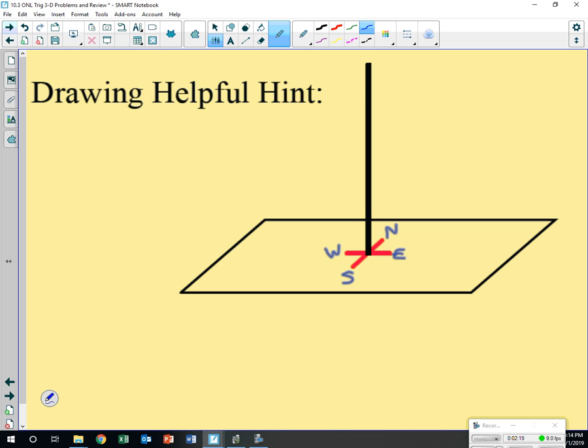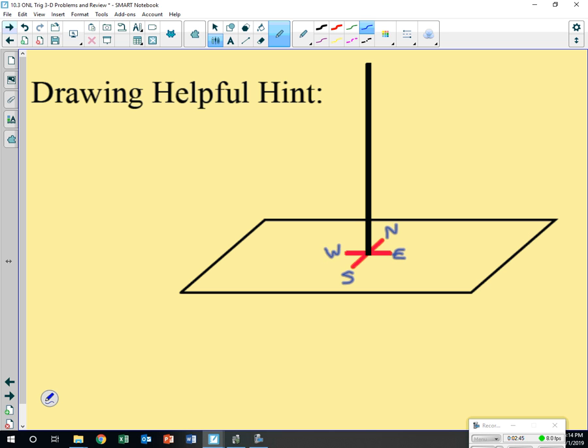Sometimes a problem, like the tower problems, will ask you to go into 3 dimensions. And I want to emphasize again the parallelogram. If you have a parallelogram, draw a vertical pole and then make a little compass, north, south, east, west, but don't make them like you're used to. Because the parallelogram is faking 3 dimensions, we're going to fake that north, south, east, west the same way.